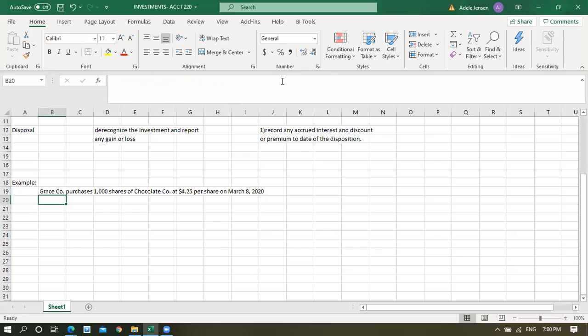Okay, other details. 1.5% commission will be charged on the transaction.